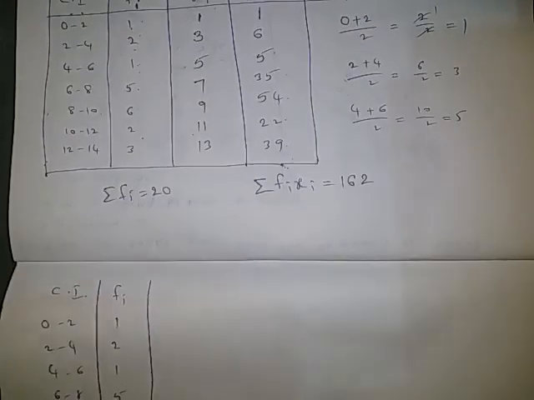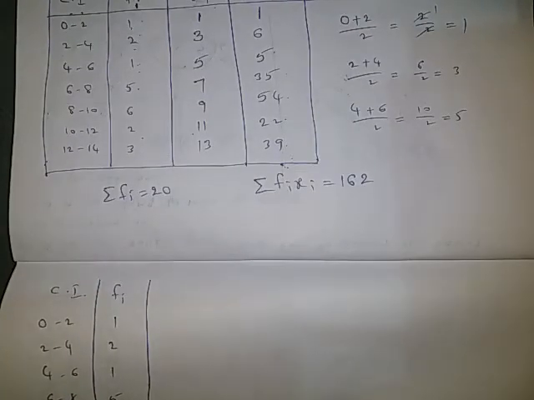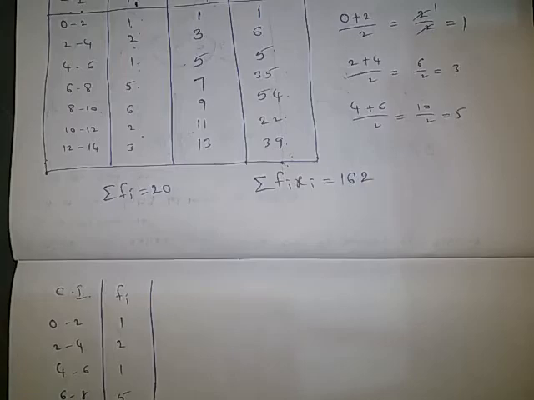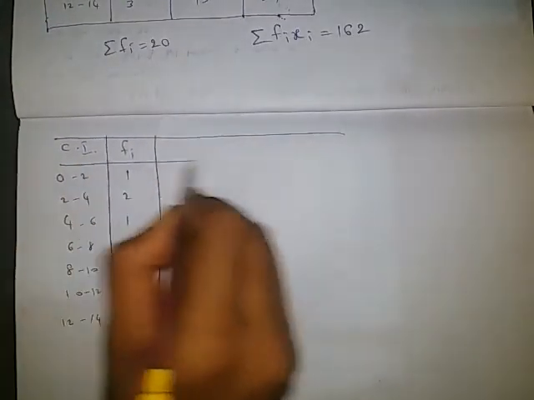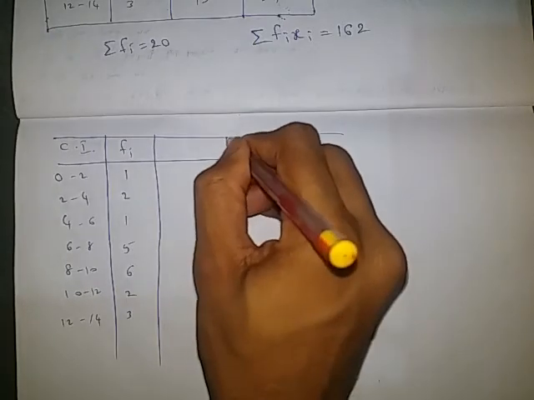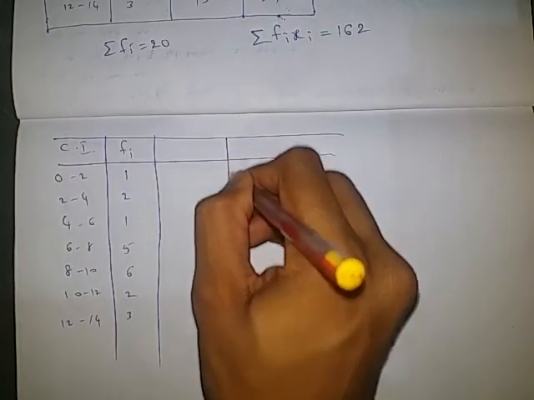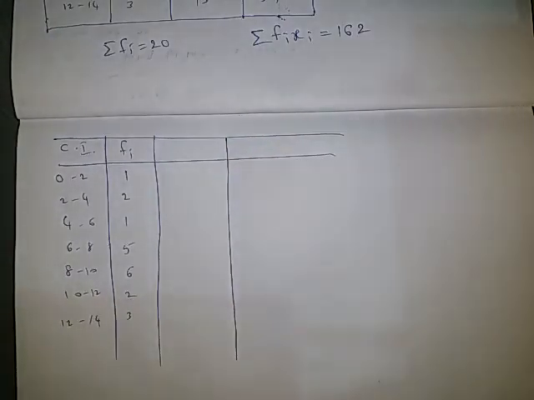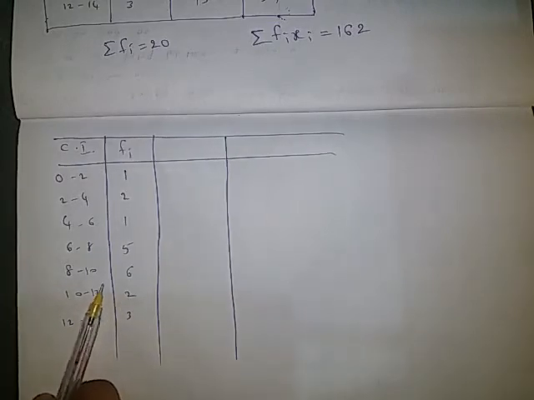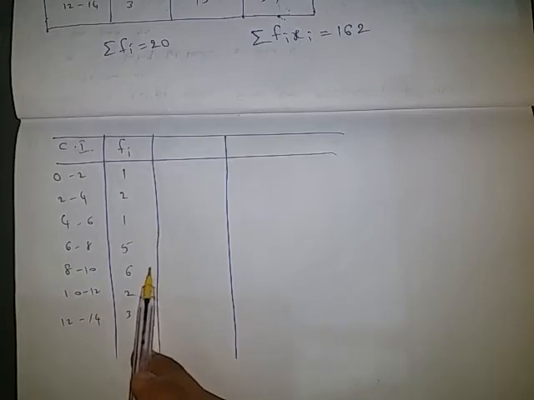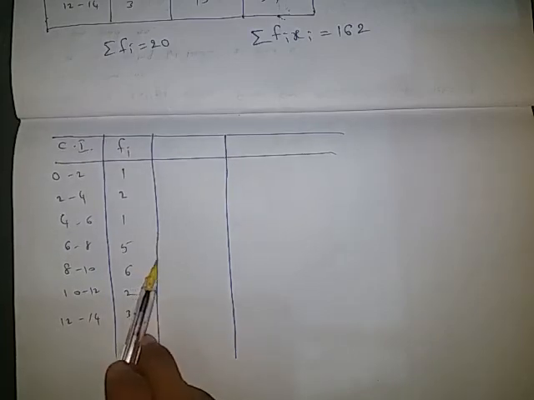Next, in this assumed mean method, 5 columns are required. Here, the first column, class intervals, they will already give in the question. The second column, frequency, they will also give in the question.